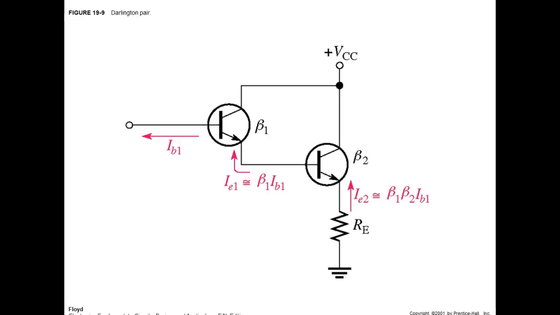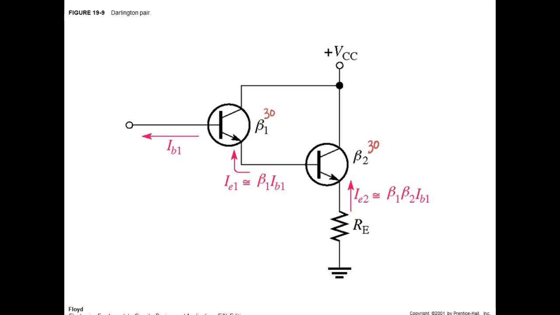But what we get on a Darlington pair, if this right here had a minimum beta of 30, and then this guy here had a minimum beta of 30, then what would be the total beta of the circuit? I don't think so. What would be the total beta of the circuit? 30 times 3 is 90.